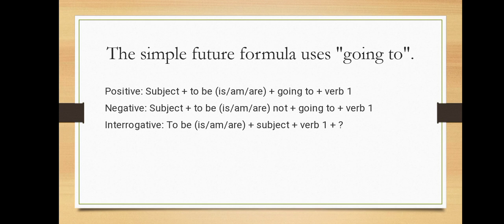Negative: subject plus to be, is, am, are, plus not plus going to plus verb 1. Interrogative: to be, is, am, are, plus subject plus verb 1 plus question mark.